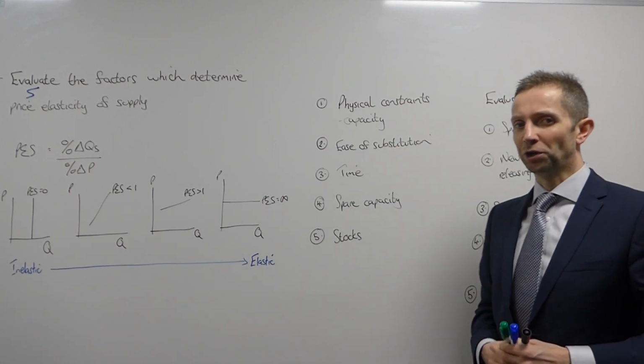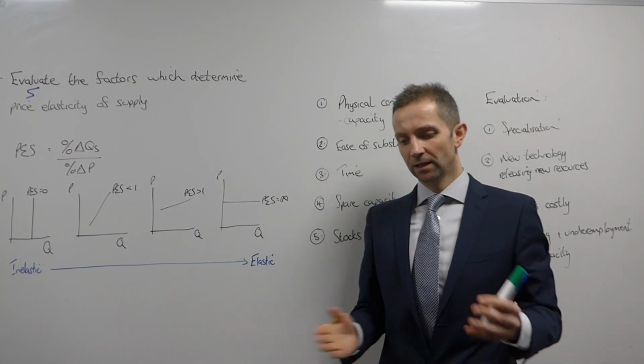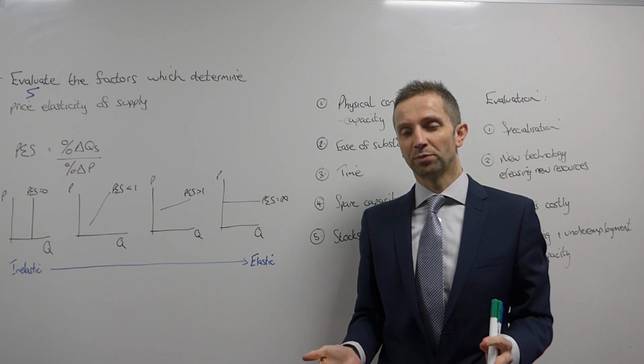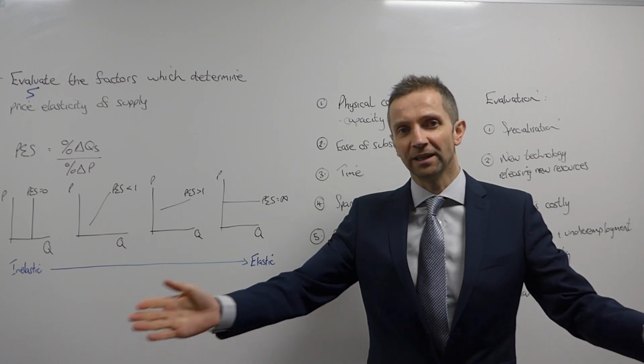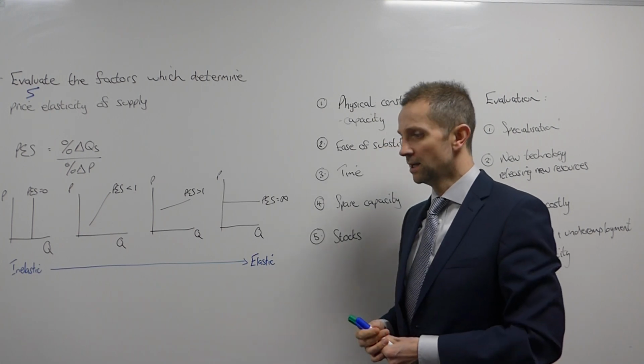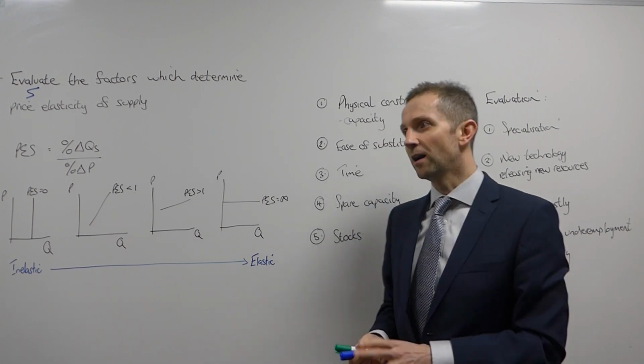Number 2, ease of substitution. Let's consider a firm which is not specializing in one particular product. It may be very significantly diversified, an enormous conglomerate, for example, with fingers in many different pies.